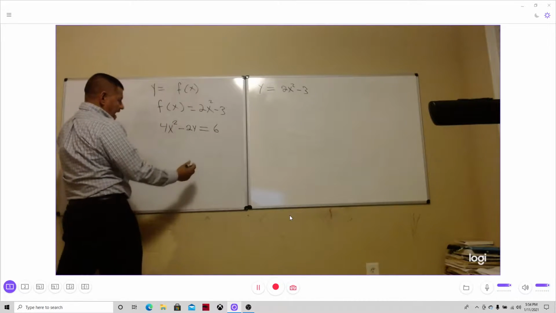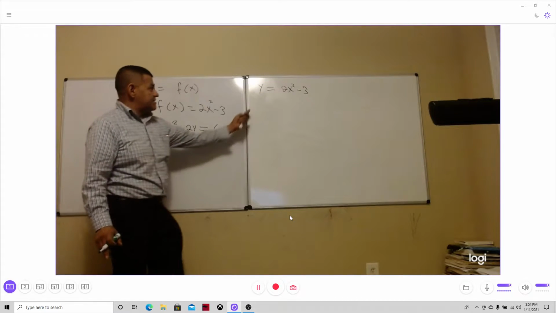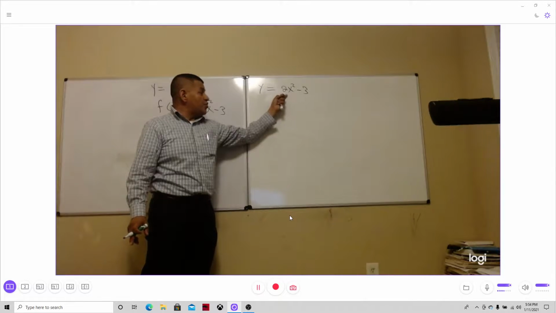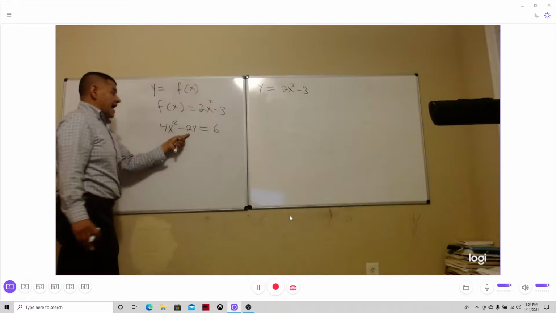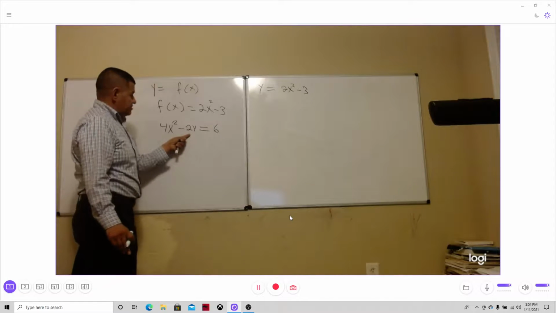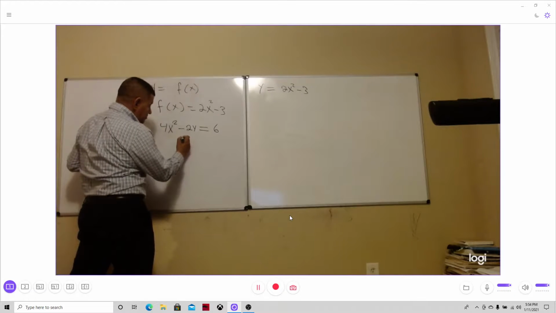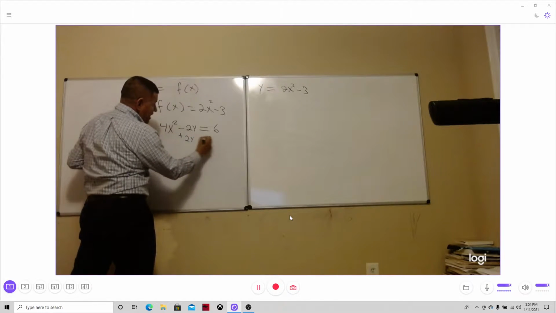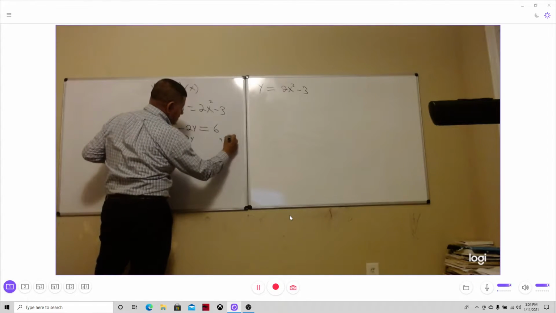So I have to solve for y. In this case, y is already equal to 2x squared minus 3. In the other case, I have an equation, so I have to solve for y. Therefore, I can add 2y on both sides.